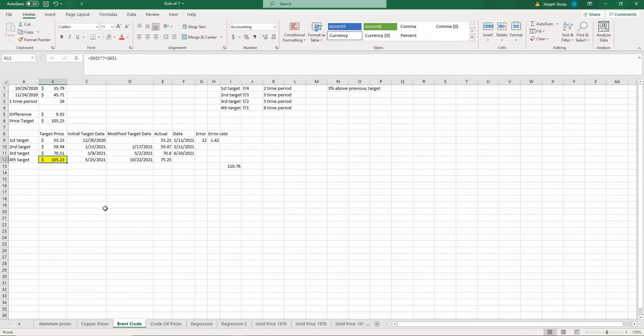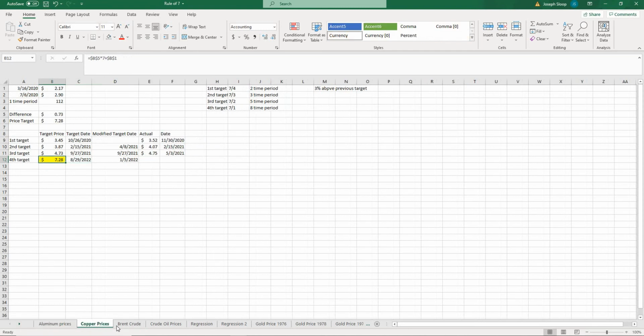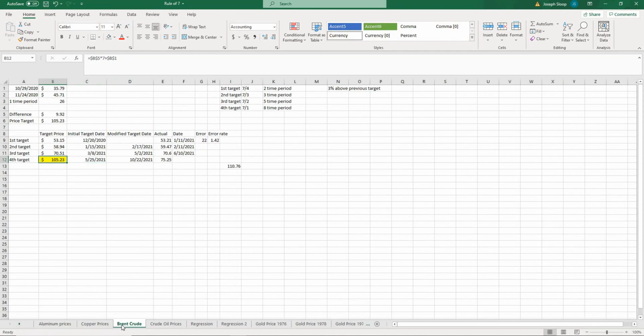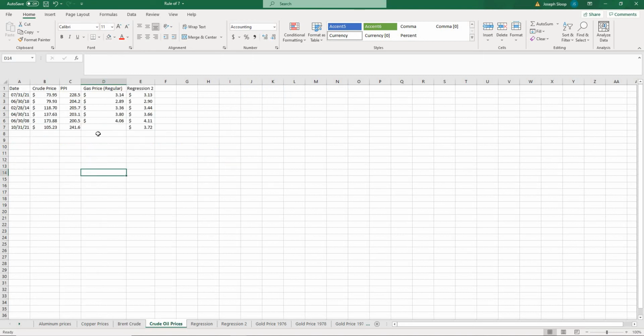So ultimately speaking, we're looking at higher aluminum prices, higher copper prices, higher Brent crude prices. Now, interestingly enough, crude oil prices have a strong correlation with the PPI for commodities. So I ran a regression analysis comparing crude oil with PPI inflation, and then took a projection out for PPI inflation using my CPI and PPI projection charts that I've shown you.